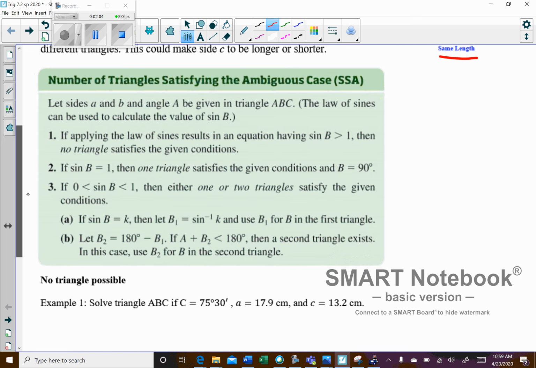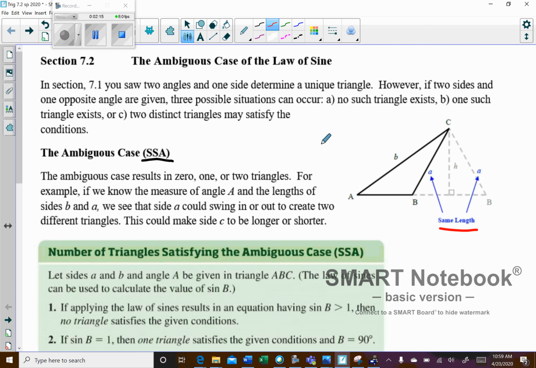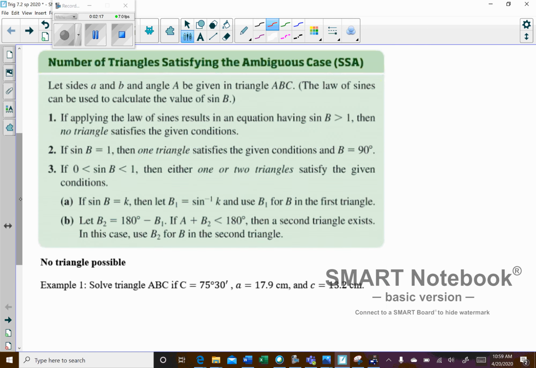Okay, so we're going to use the law of sines, which is pretty simple. It's just a ratio. And when you solve your law of sines, if you end up getting the sine of your unknown angle greater than 1, that's going to be impossible. There's not going to be a triangle there. There doesn't exist a ratio for an angle of sine that's greater than 1.